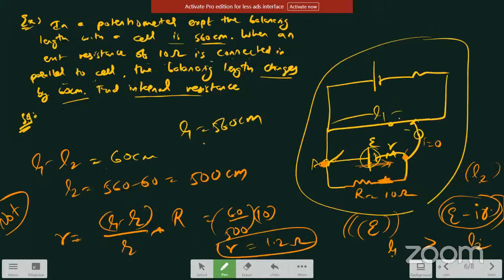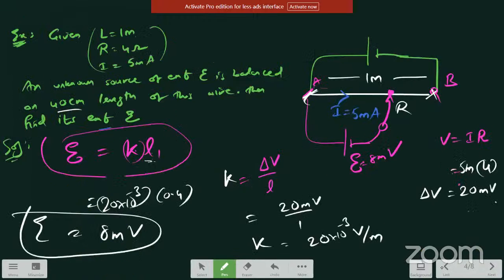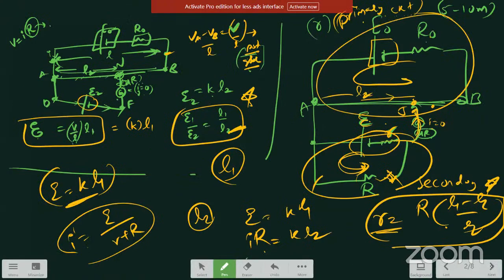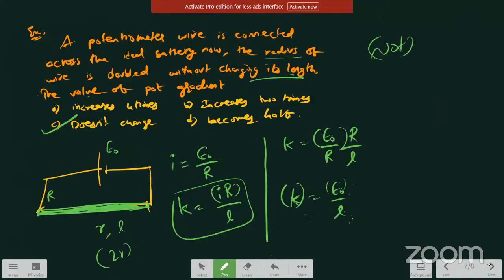There are many more questions, but first of all, tell me whether you need more examples related to potentiometer, or is it enough? We have discussed around 4 to 5 examples on the potentiometer concept, right? Are they sufficient, or shall I make you do 2 or 3 more examples? Comment either privately or publicly in the comment box. Don't be mum.